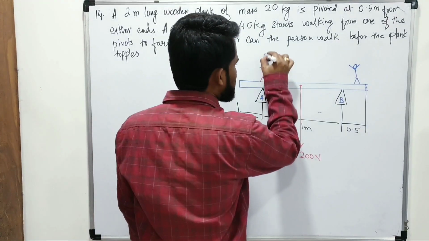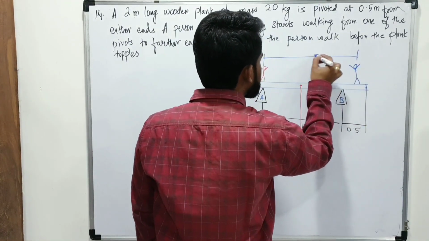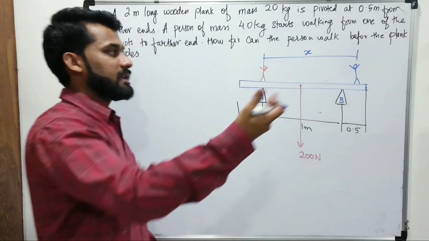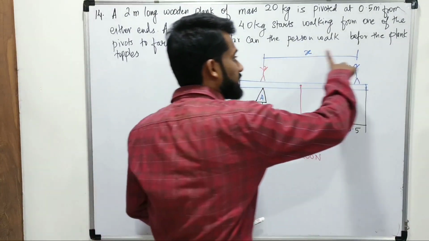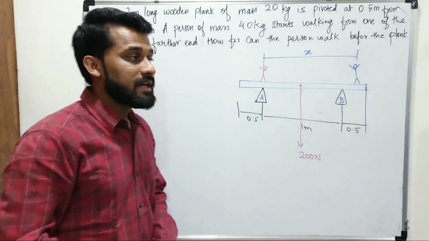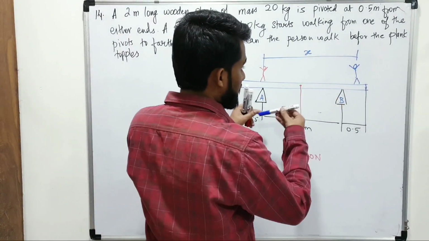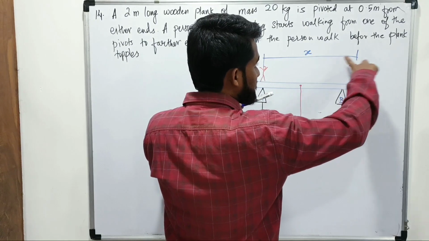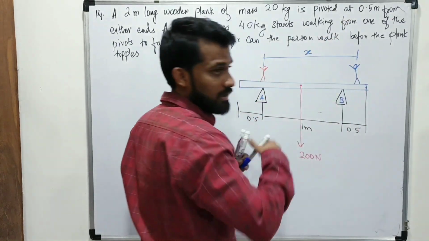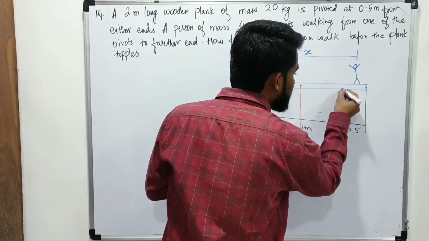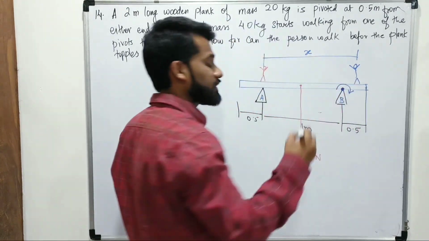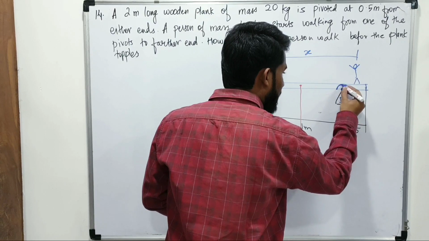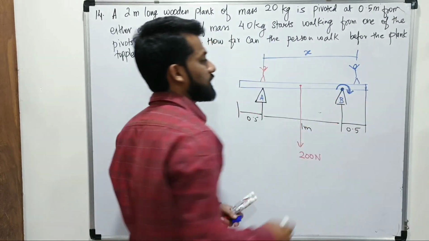So let us say this person travels distance x, after which it is going to topple. If it is going to topple after traveling distance x, what is the value of x? For this particular question, if the person travels distance x when the plank topples, it is going to rotate about this point, sorry, about this point B, the plank is going to rotate in this way.